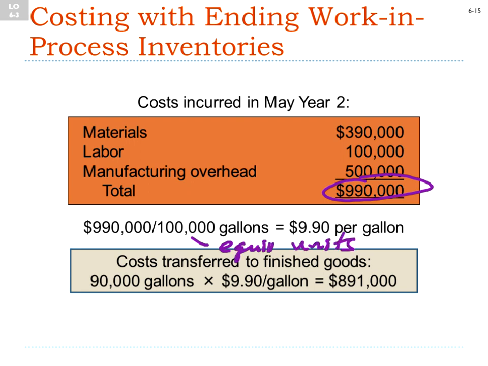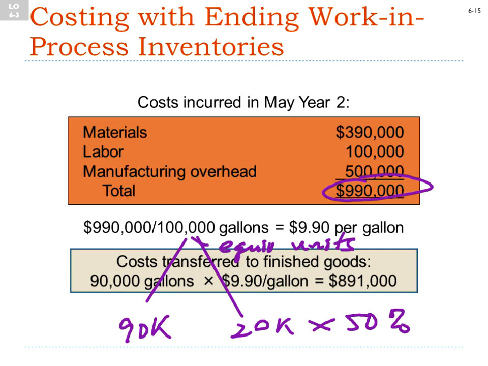So that comprised 90,000 completed units and 20,000 partial units. But we multiply that 20,000 by 50% and we get 10,000. So when you do 90,000 plus 10,000, you get your 100,000 gallons.